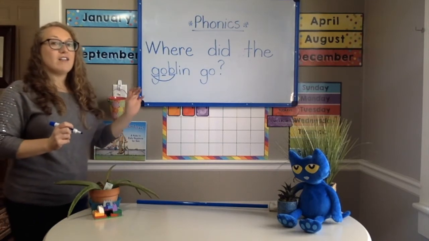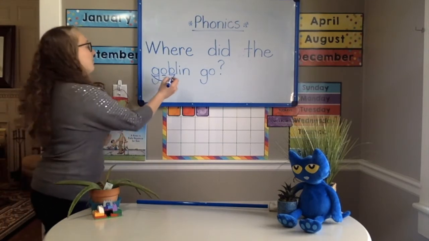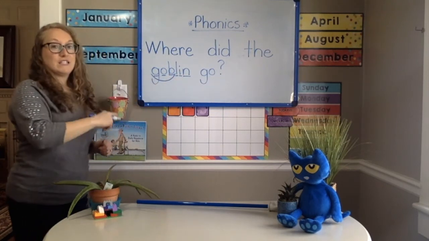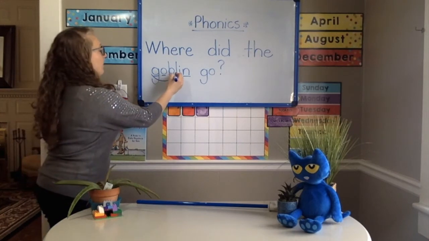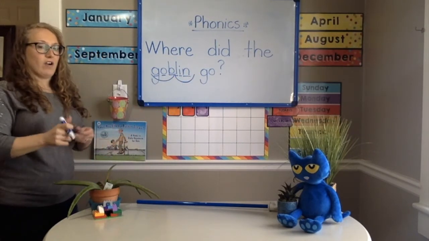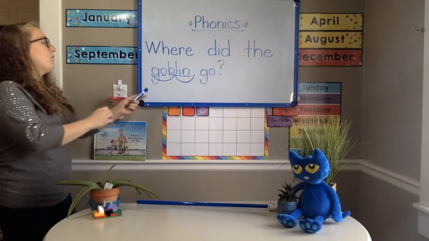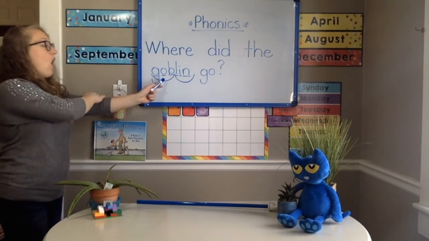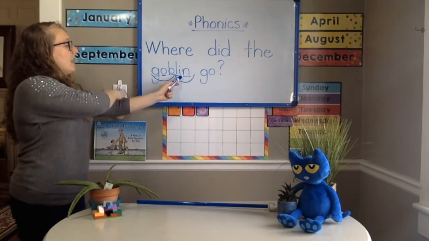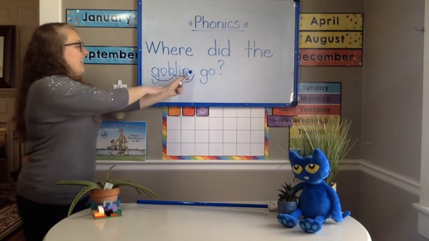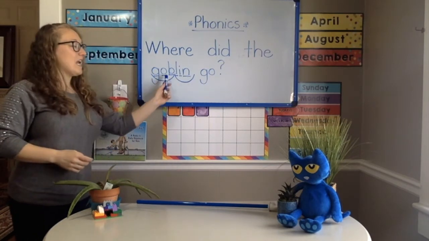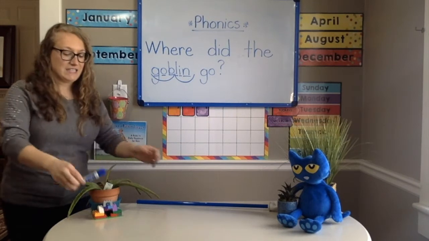Let's say each sound in our next part. U, I, N. Let's scoop all of those together. Okay, let's sound out this word. Are you ready? Here we go. G, A, B. Gob. U, I, N. Lin. Goblin. This word is goblin. All right, let's keep going.